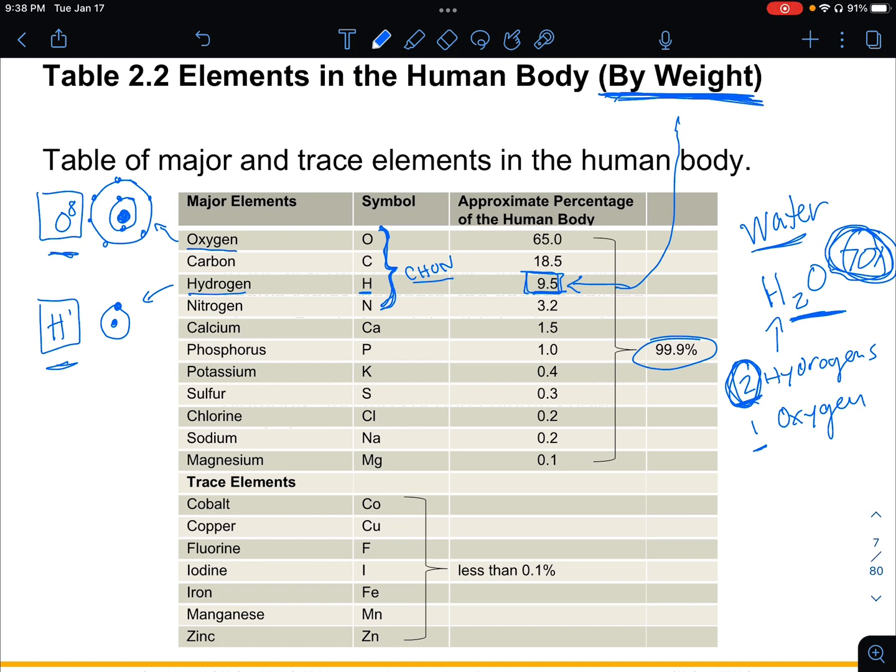And we can think of this all the way down: nitrogen, calcium, phosphorus, potassium, sulfur. Even though we might need a whole lot of calcium in the body for our bones, it might be a smaller atom than any of these above. And that's why we have only 1.5% of the body being calcium by weight.